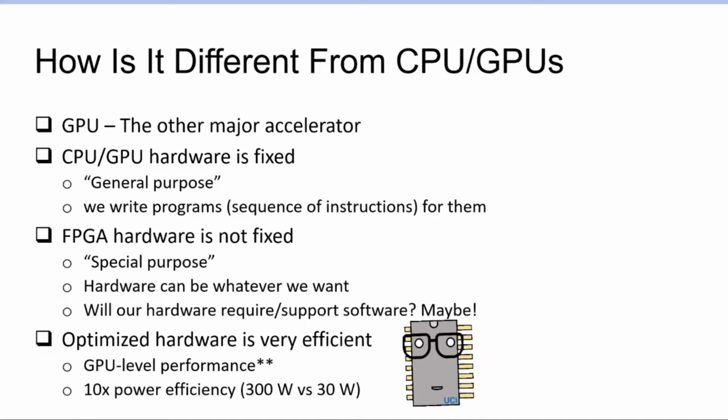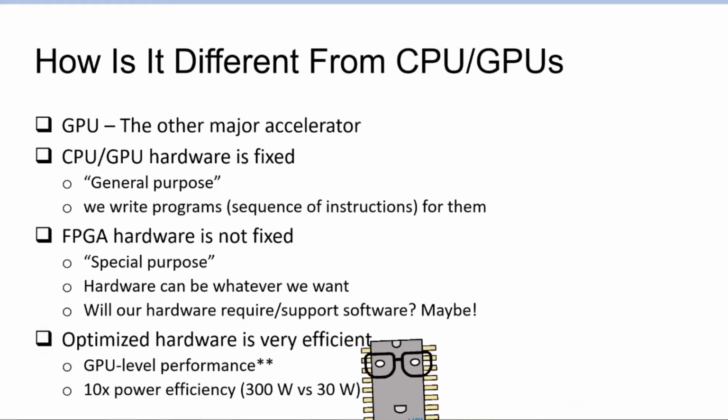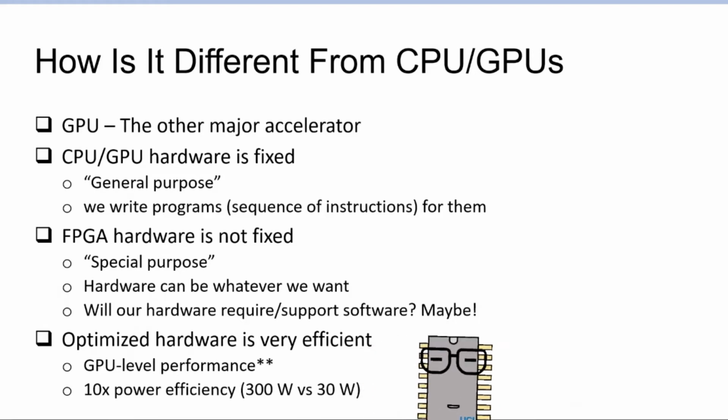And optimized hardware implemented on FPGAs is very efficient. The rule of thumb is, and this does come with some asterisks because it really depends on the application. If you're doing matrix-matrix multiplication, oftentimes GPUs are pretty much tailor-built for that kind of application. So FPGAs can sometimes do better, sometimes do worse, depending on who you ask.